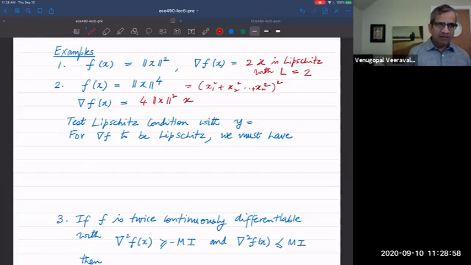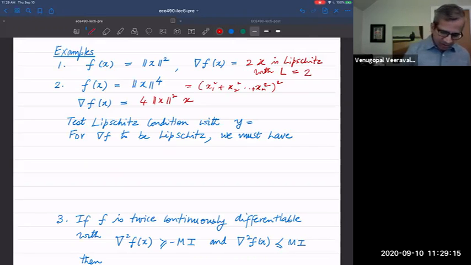One way to think about that is to look at the scalar case, in which case you get 4 times x cubed. If you take the derivative of that, that is going to be unbounded, and that gives you a hint that you're not going to be Lipschitz.